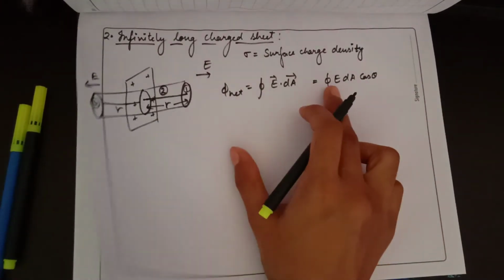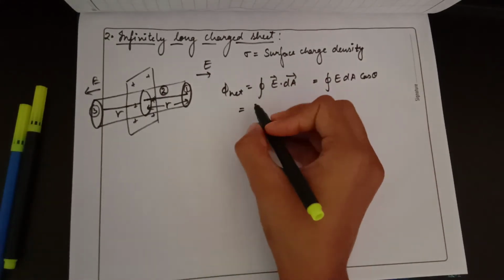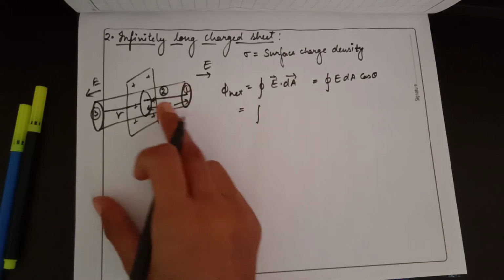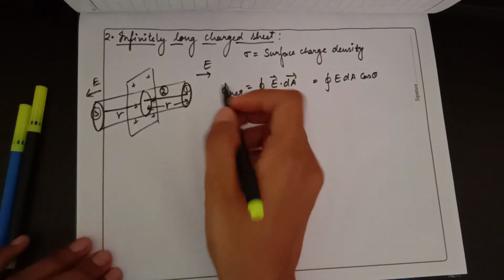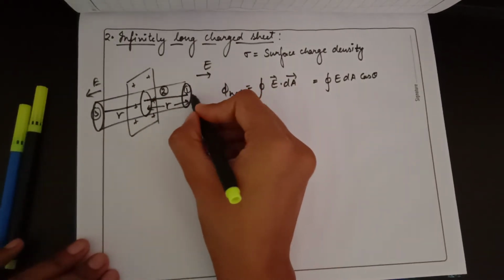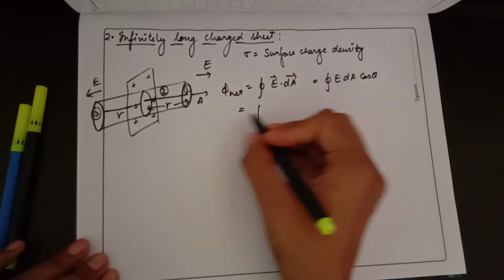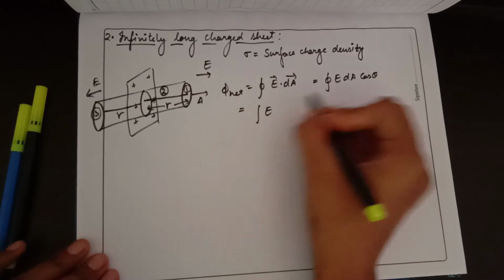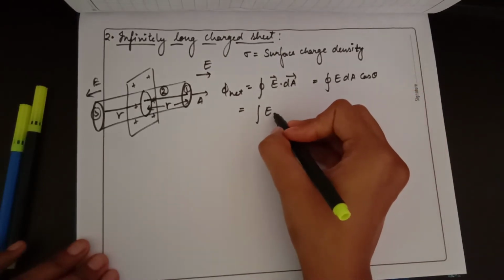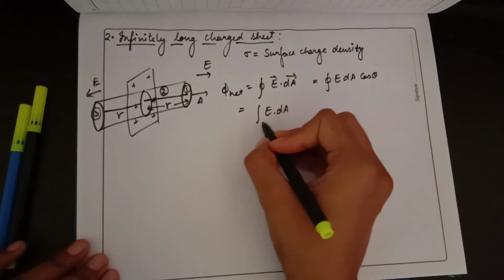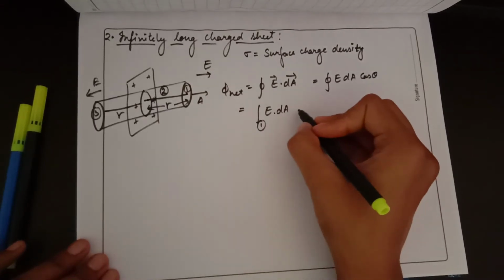Now I will divide this integral into 3 parts. Number 1, for the first surface, the angle between E and dA. As you know, for this surface, dA is in this direction, so the angle theta is 0, so it will give us cos 0 is 1, E dA cos theta for surface number 1.